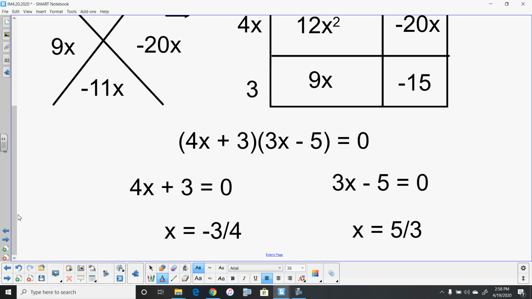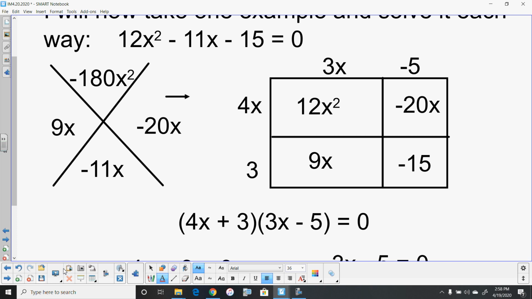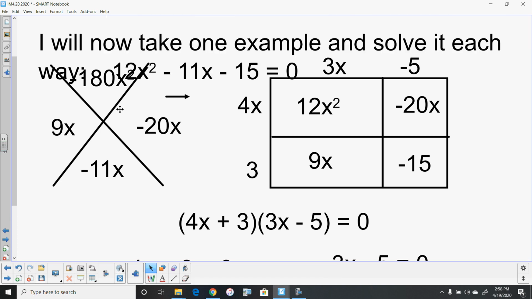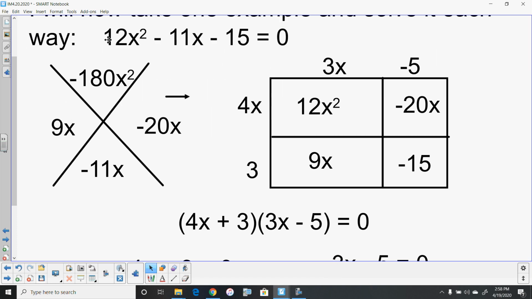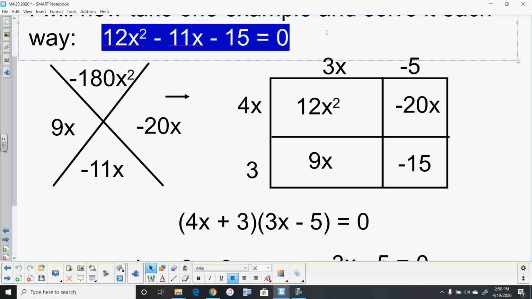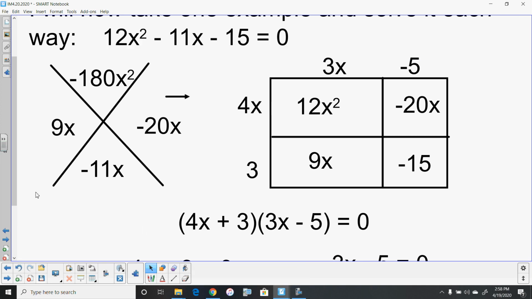All right. So let's check out what this looks like using the other method. Let's do that one on a new page.